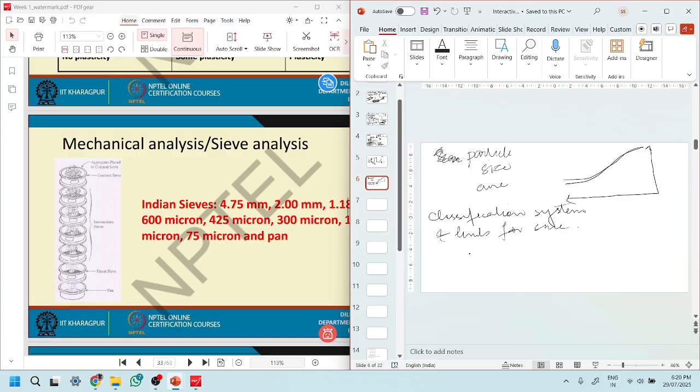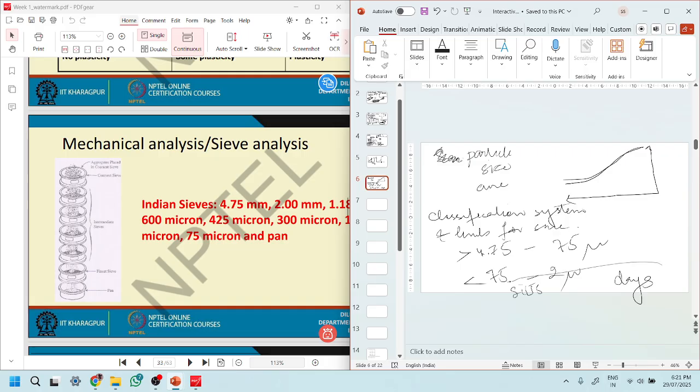For example, if the size is greater than 4.75 mm, then this is gravelly soil. If it is between 4.75 mm and 75 micron, it is sand. Then from less than 75 micron to 2 micron, you have silts maybe or clays.